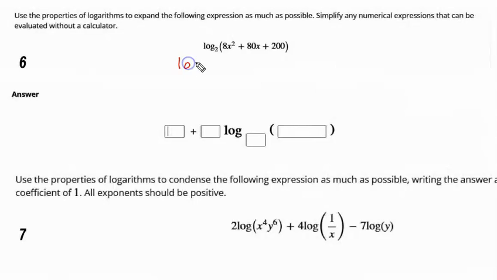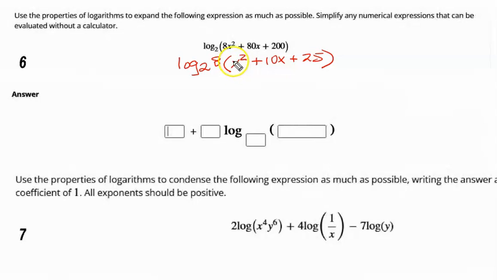So let's start. Log base 2. I can factor an 8 out of that and get x squared plus 10x plus 25. And can I get products out of this?